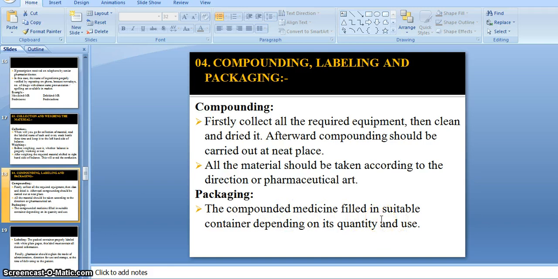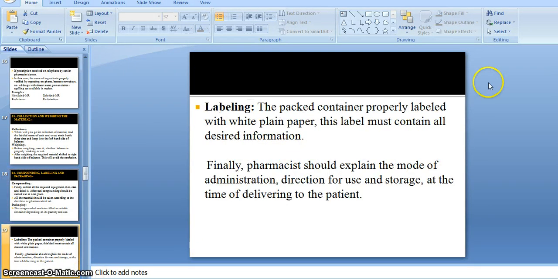After that, the compounded medicine should be filled in a suitable container, and the container depends on the required quantity and use. If the pharmacist prepares parenteral injections or tablets or ointments, then he must use that kind of required container for packaging. After that, there is labeling.